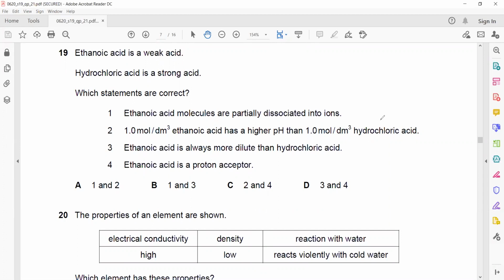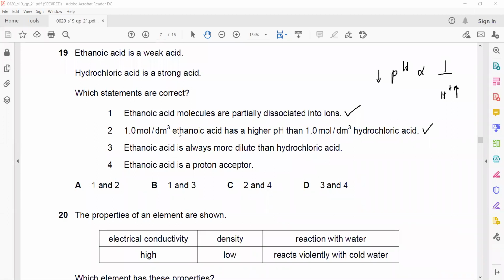So for question 19, if we check the statements, ethanoic acid, because it's a weak acid, its molecules partially dissociate or ionize into ions, that's true. 1 mole of ethanoic acid has a higher pH than hydrochloric acid, that's true, because pH and hydrogen ion concentration are inversely proportional. If there are more hydrogen ions, then lower pH.